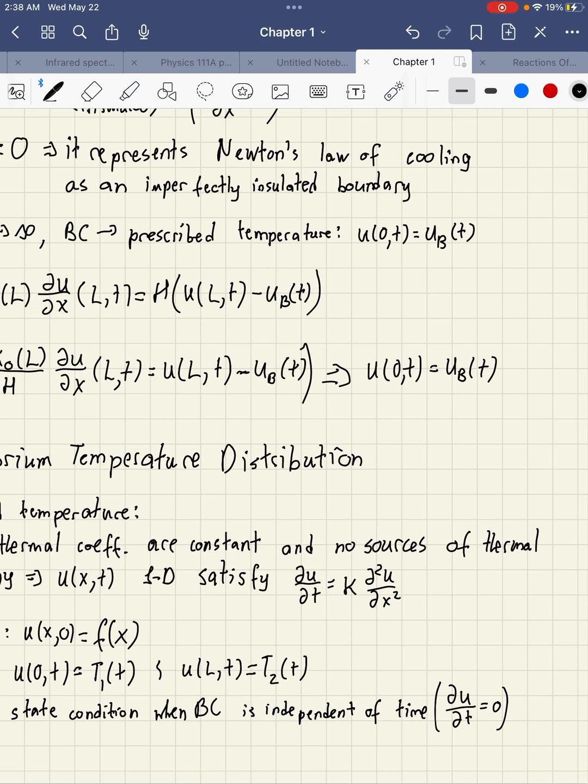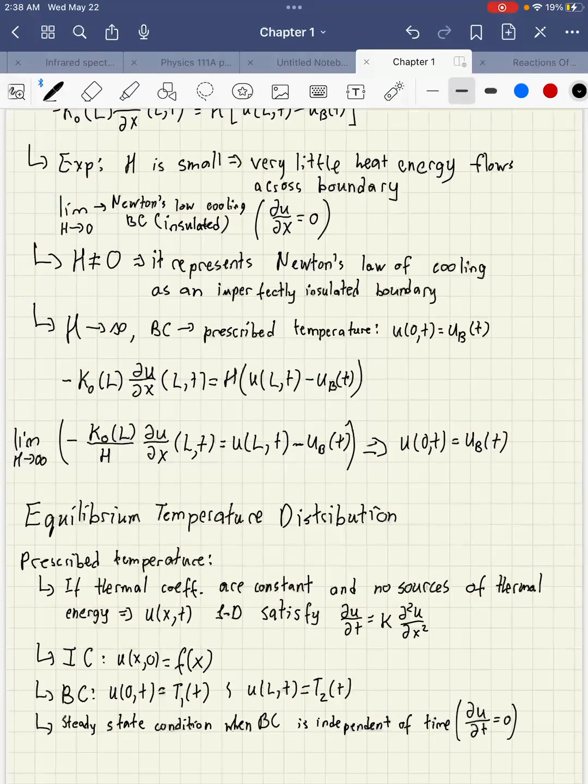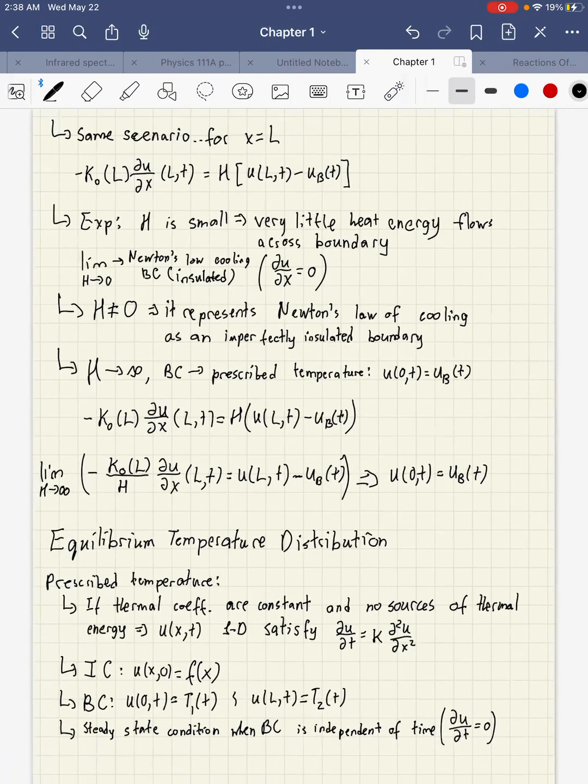At that equilibrium, there are no temperature changes and no heat flow at all. So our temperature has no time dependence, and that condition is called a steady state condition, which is also helpful to solve our PDEs.